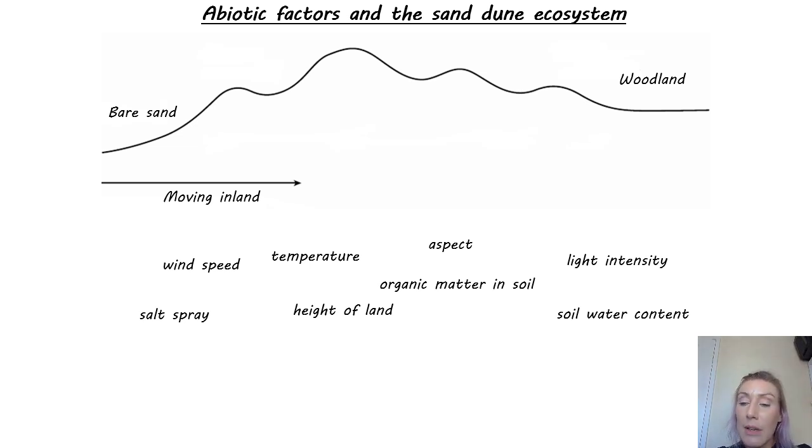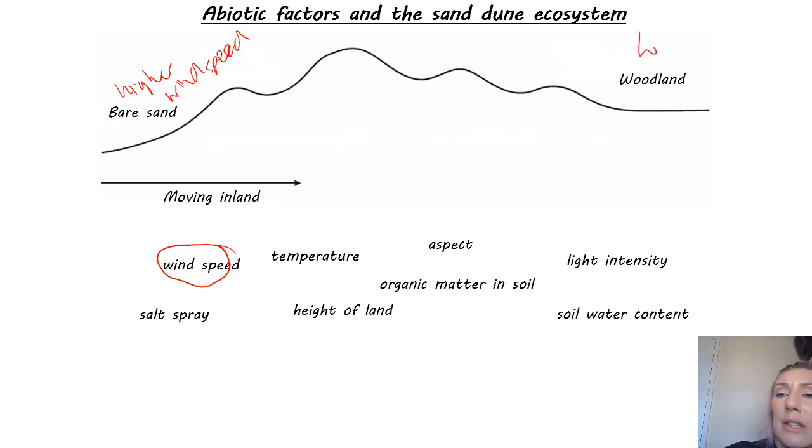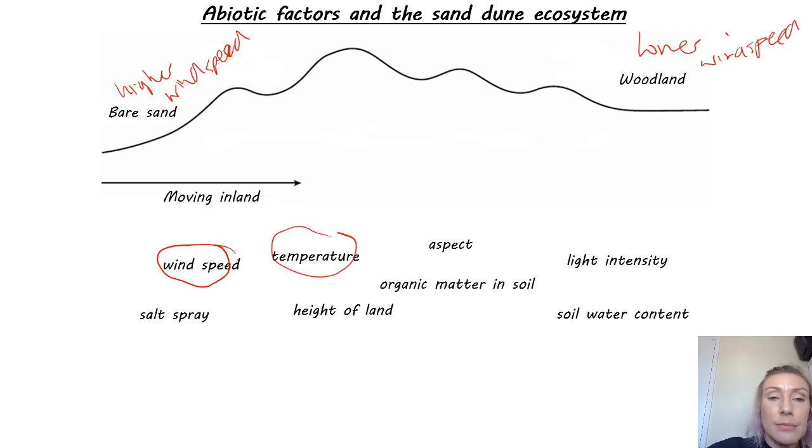If I were considering how abiotic factors change across this sand dune, and the first one I picked was wind speed, I would write that I have a high wind speed on the bare sand because it's less sheltered, and a lower wind speed in the woodland because it would be more sheltered with the other trees, the other plants, etc. Temperature: on my bare sand side, I would put greater fluctuations in temperature, and a more stable temperature in the woodland.